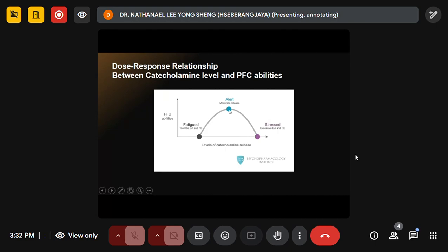When there is a moderate release of catecholamines, our prefrontal cortex functions well, hence we will maintain optimal alert conditions. However, if the catecholamine is excessive, overflowing in our prefrontal cortex, then the function will go down again. So in summary, we have to have a moderate level of catecholamine.